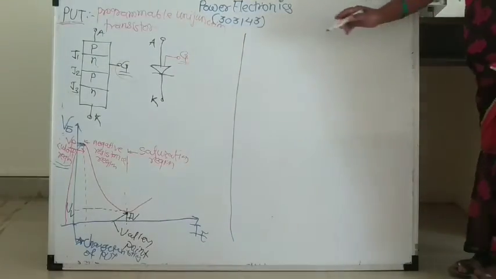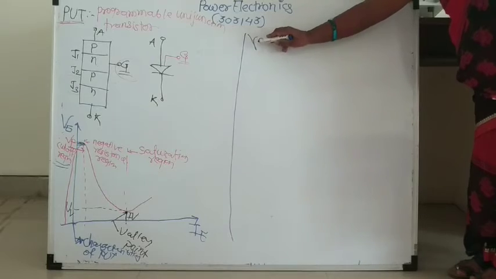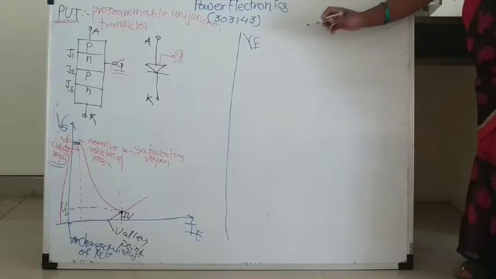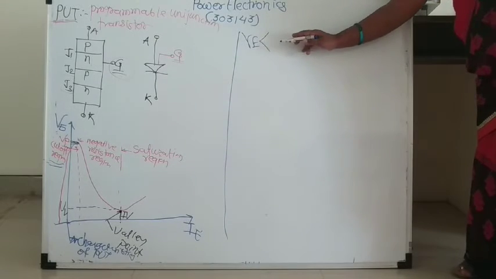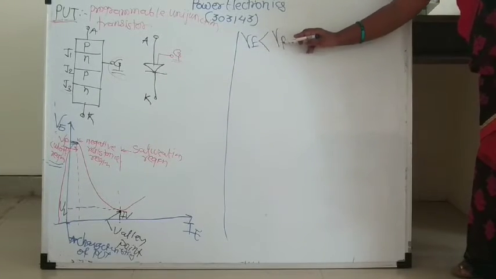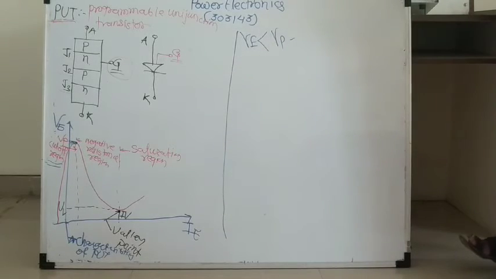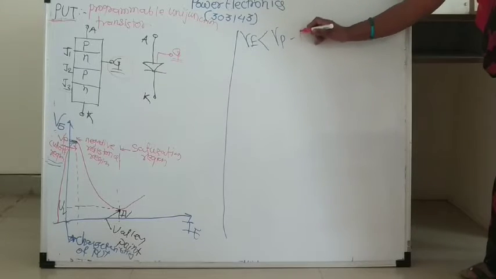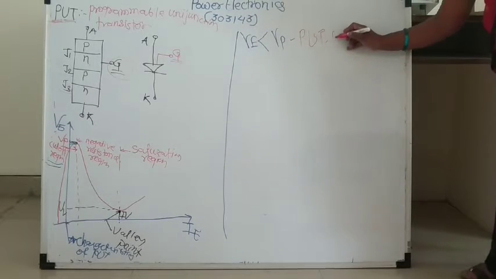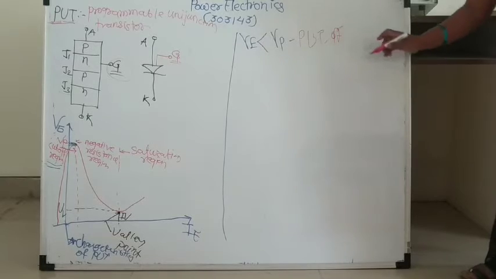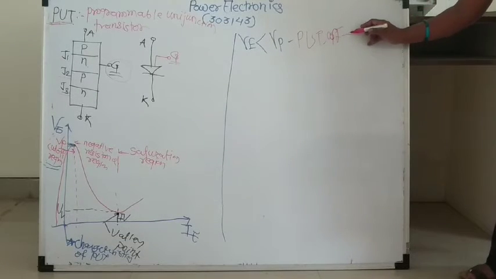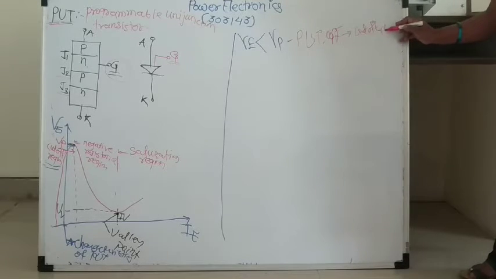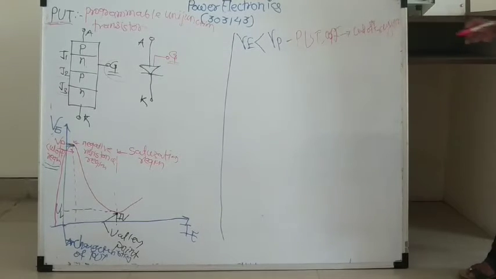Your emitter voltage is nothing but your applied voltage. When it is less than the peak voltage, the PUT is off, present in the cutoff region.